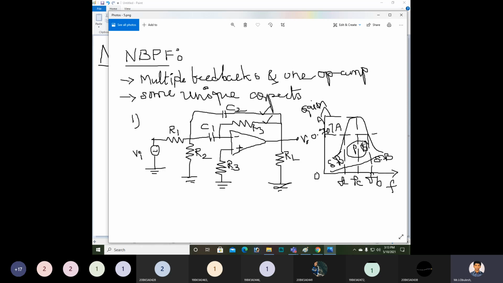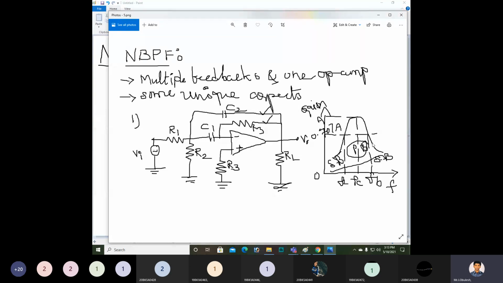Between these two, the lower cutoff frequency and the upper or higher cutoff frequency, signals in this range will be able to pass through this circuit. If the frequency is less than FL or greater than FH, the circuit does not allow the signal and it is going to stop.